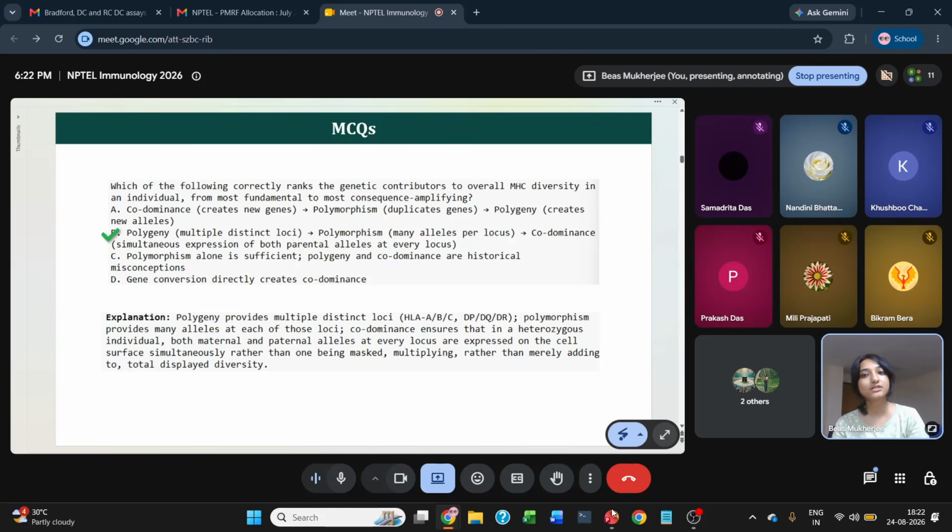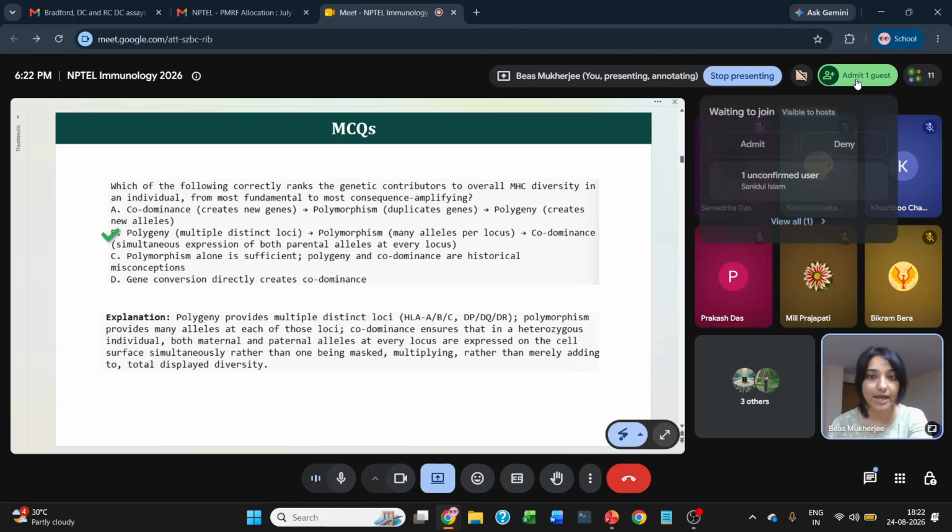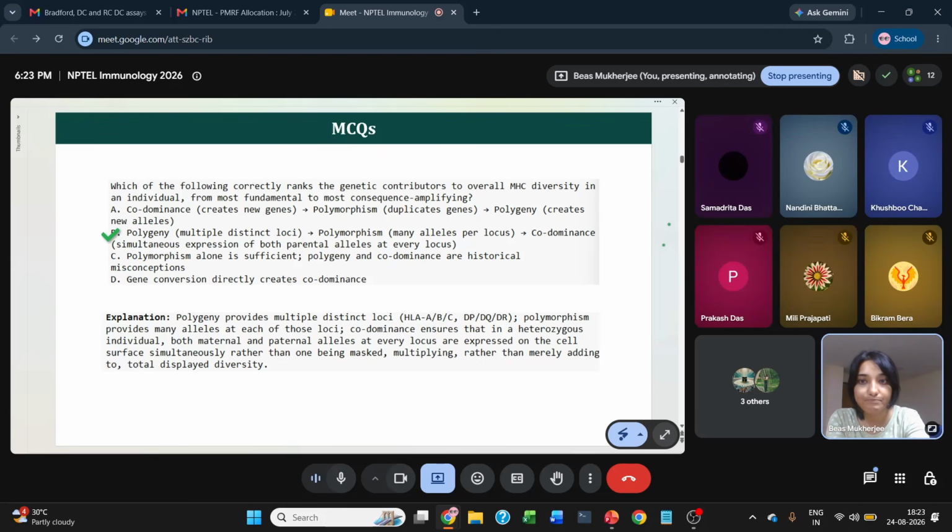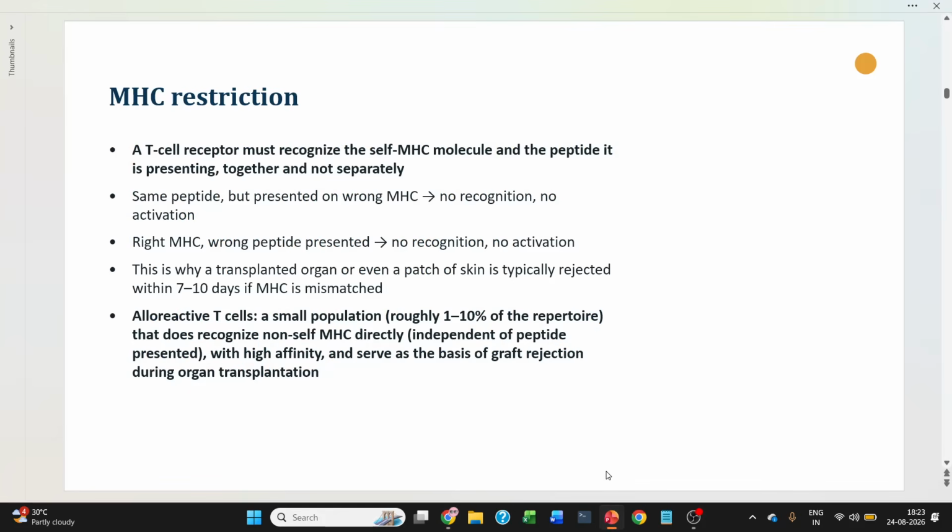And the third one is codominance, which ensures that in a heterozygous individual, both maternal and paternal alleles at every locus are expressed on the cell surface equally and simultaneously, rather than being masked, thereby multiplying rather than merely adding to total displayed diversity.